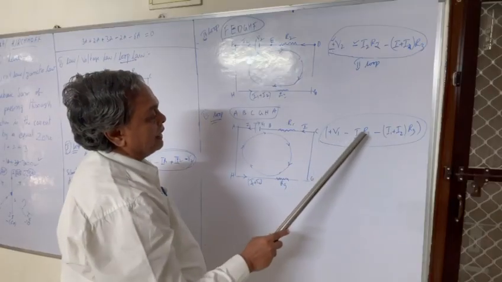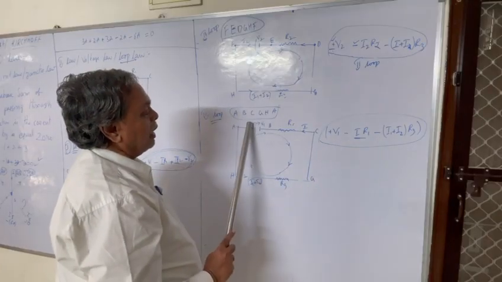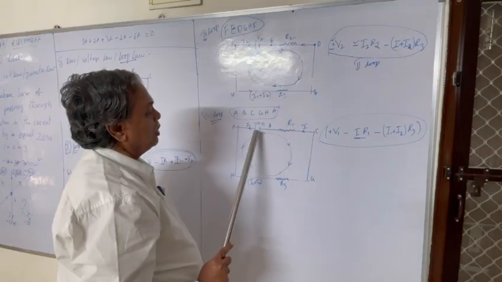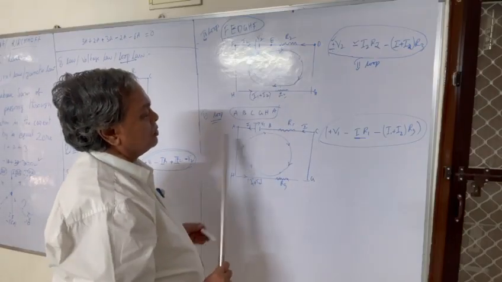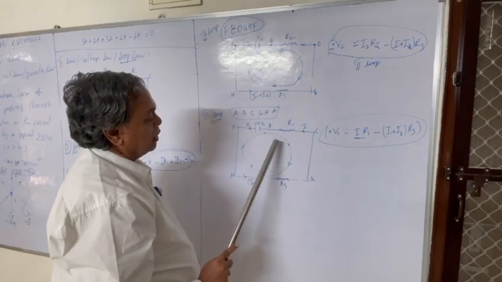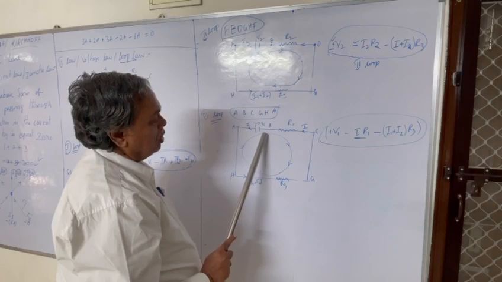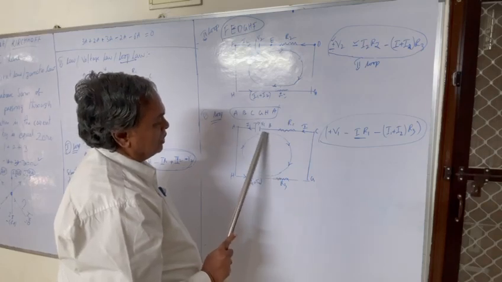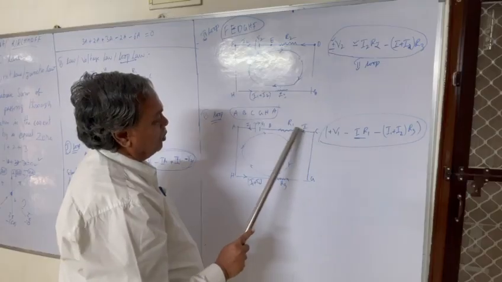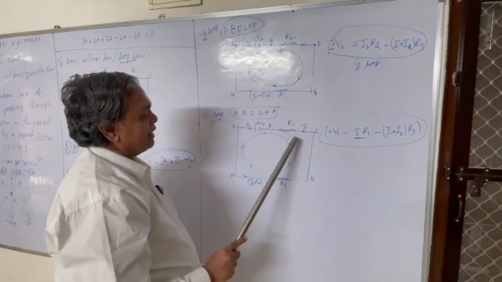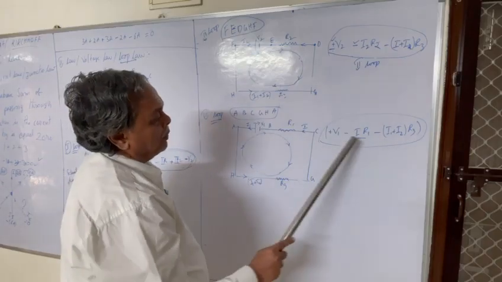Next, take the second element, I1 times R1. This current flows in the opposite direction to the clockwise loop. Both arrowheads are opposite, and opposite or against signs give minus.